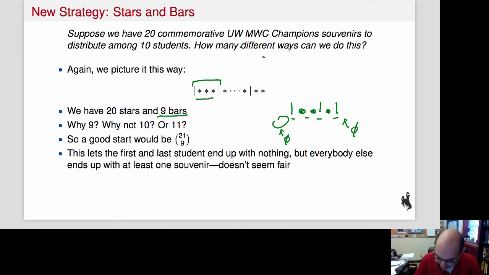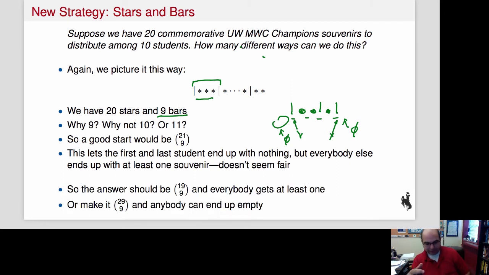So clearly that doesn't seem fair. So I might simply say that these slots are not allowed. And if I do that, then I don't have 20 plus 1 or 21. I only have 19. So it's 19 choose 9. Those are the places that I can put my dividers. Or I could also say, look, let's make it 21 choose 9.